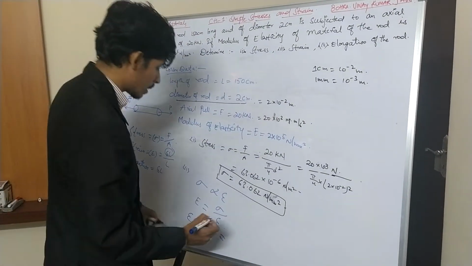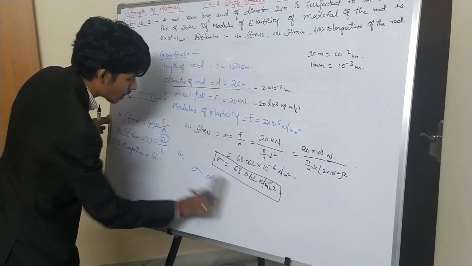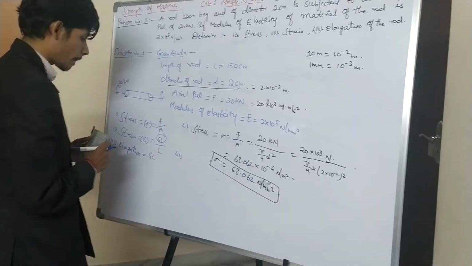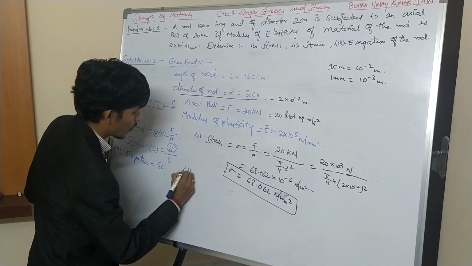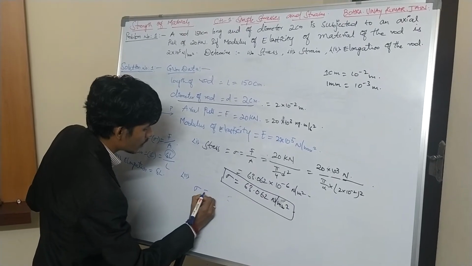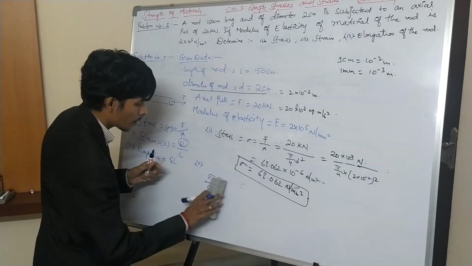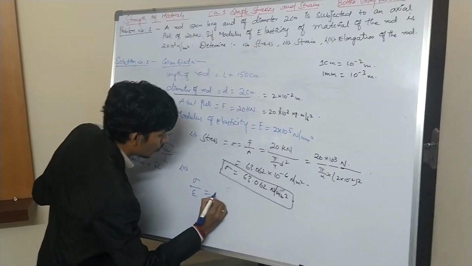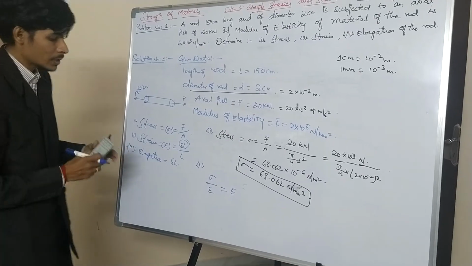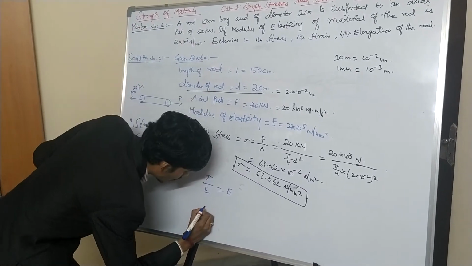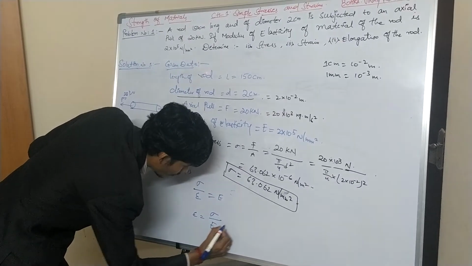Let me write it in a clear manner. Stress by strain equals the modulus of elasticity. So second, we need to calculate the strain. Strain equals stress by modulus of elasticity.